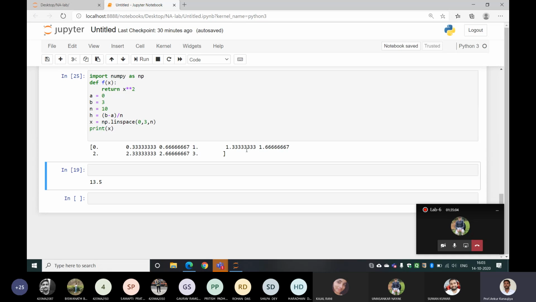So what is h here? 0.3. But h is 0.3, but here we are getting 0.33. That means something is wrong. x is correct, h is not correct. h is 0.33, that means h is 1/3.